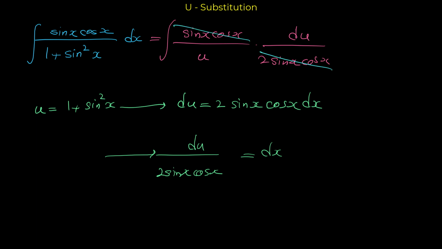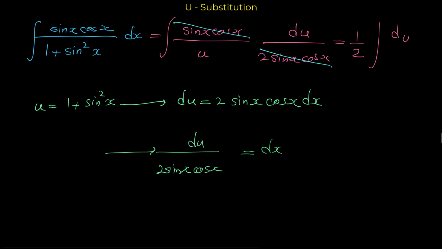Sine x cosine x cancels, and we are left with du in the numerator and 2u in the denominator. I prefer to move the 2 to the outside. Attention, it's basically 1/2 because 2 is in the denominator. So we can rewrite this as 1/2 integral of du over u.